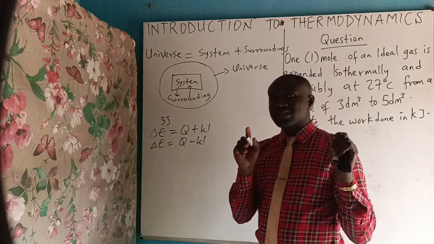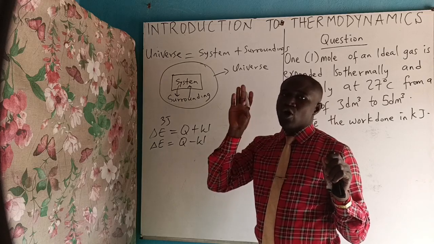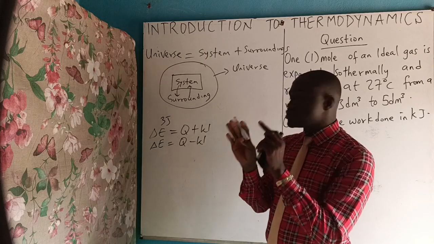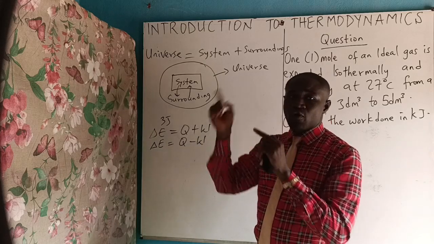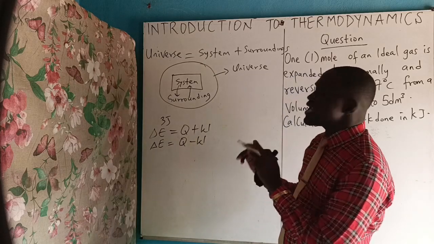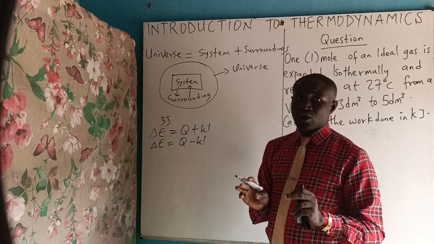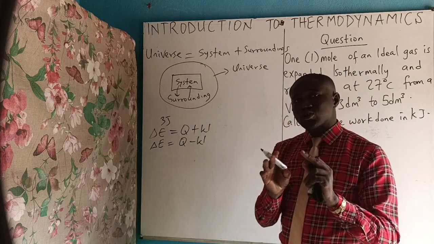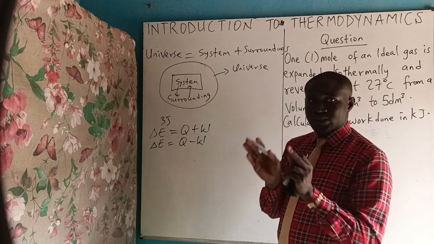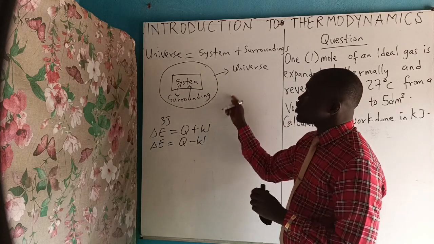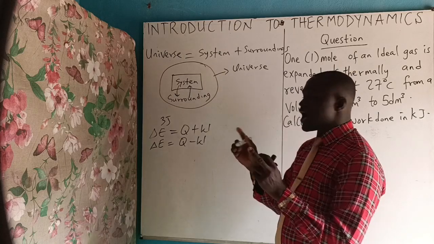It depends on the focus, or where the person writing this formula is trying to focus on. It depends on where you want to concentrate the discussion. If you want to focus on what happened on the system, you will see its own formula. If you want to discuss what happened on the surrounding, you will have its own formula.